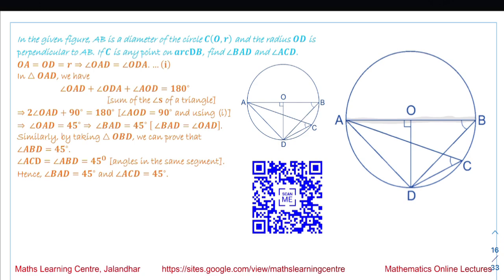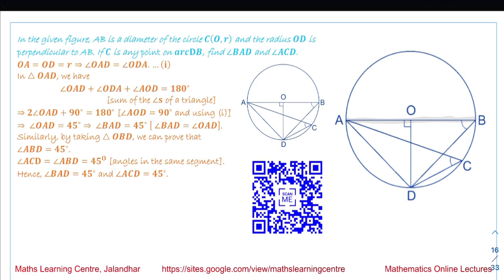Now, when we look at this triangle, OA is the radius and OD is the radius and OB is the radius. So if the value of this angle is X, then the value of this angle is also X, because it is an isosceles triangle.